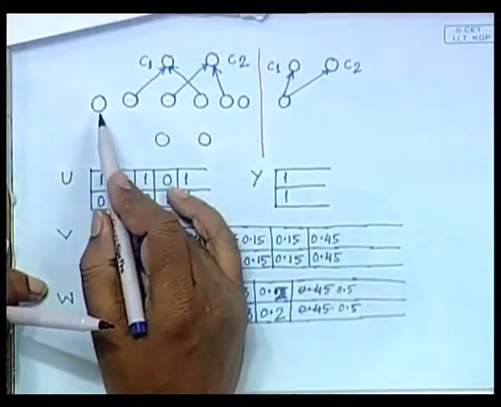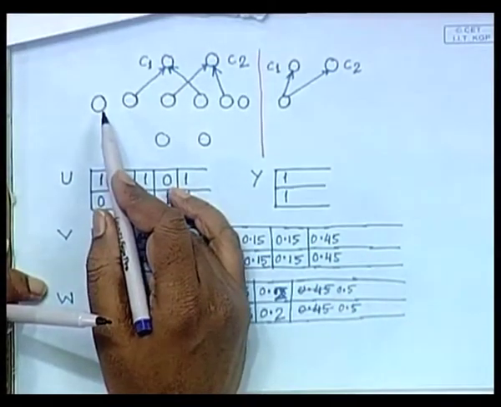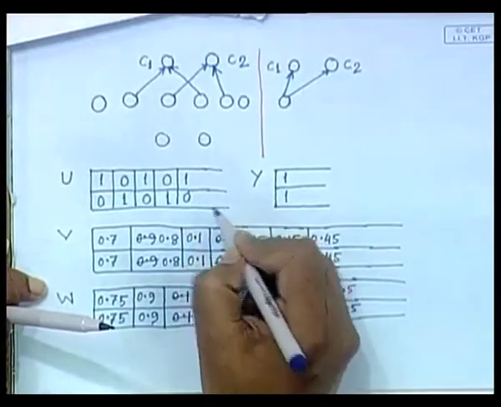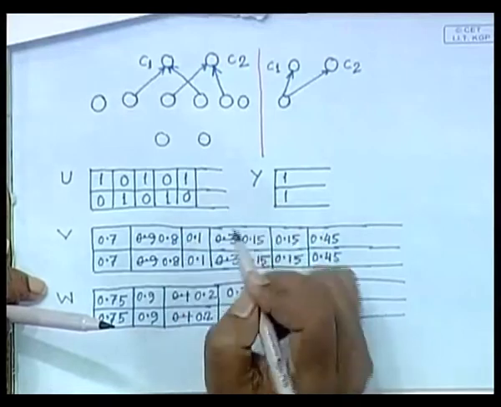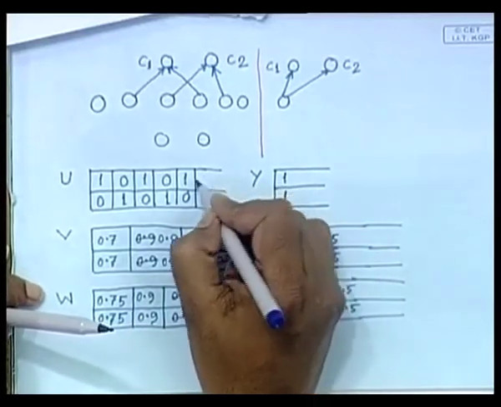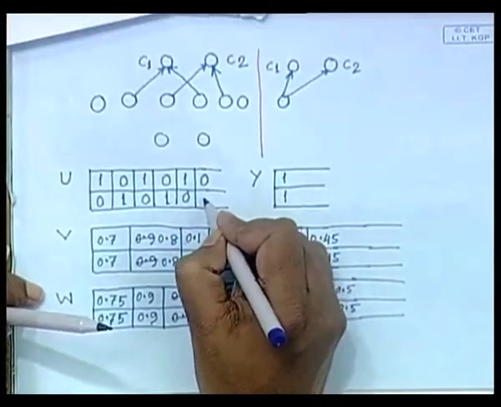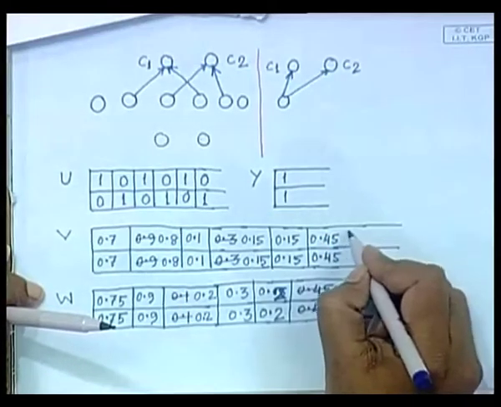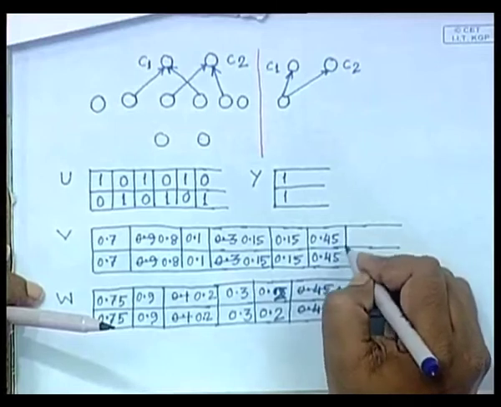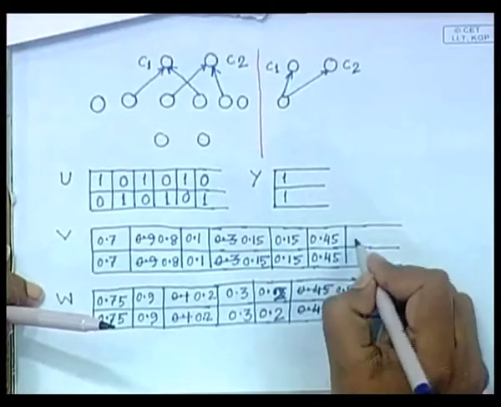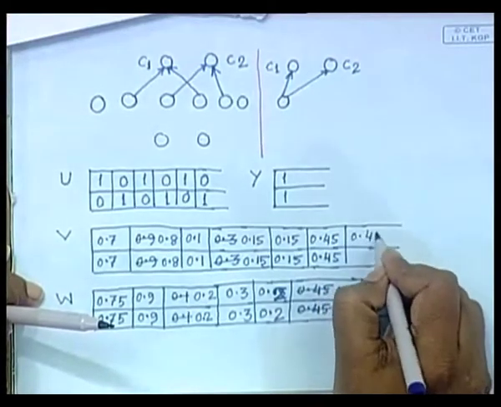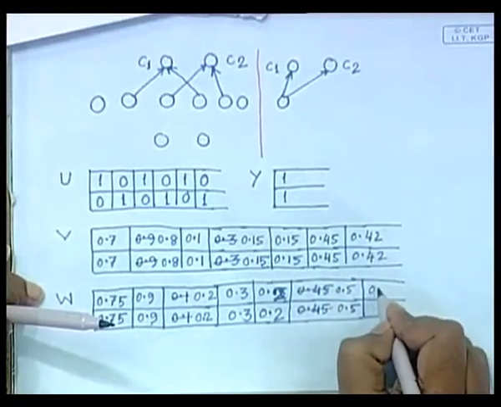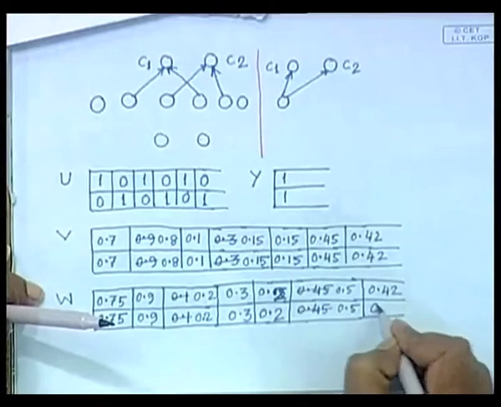For this the min point and max point will be 0.42, 0.42, and because a new node is added, I have to make an entry in matrix U, and this belongs to class C2. So, the entry in matrix U will be 0, 1. And the min point and max point will be 0.42, 0.42, 0.42, 0.42.